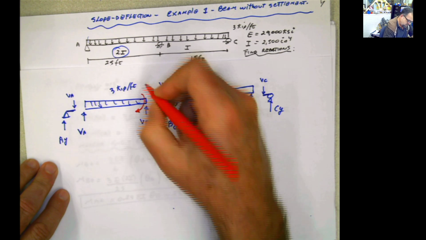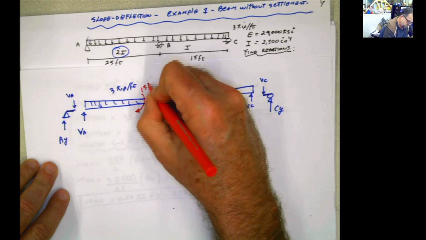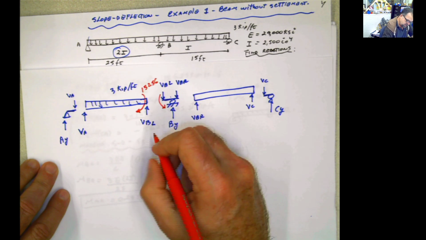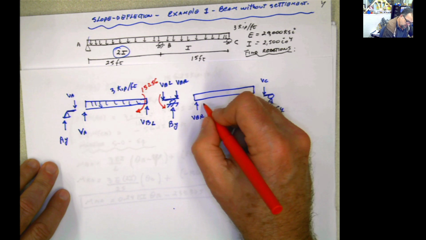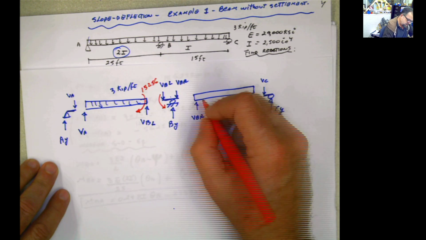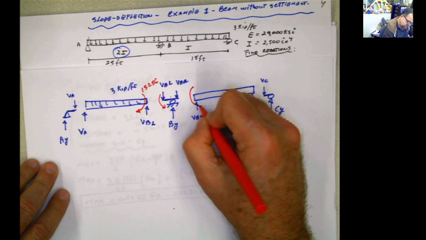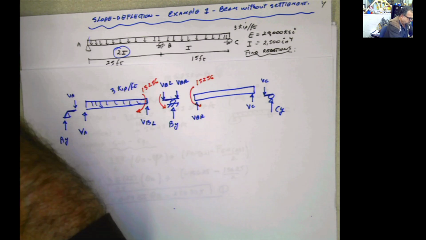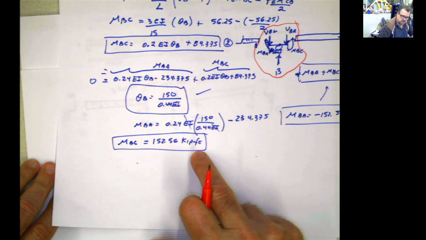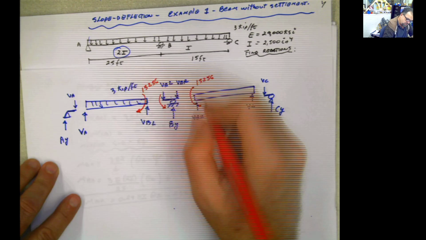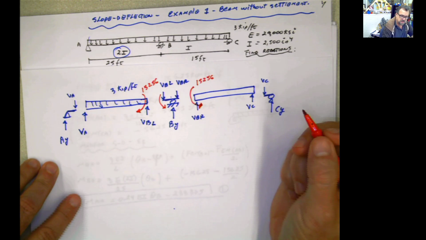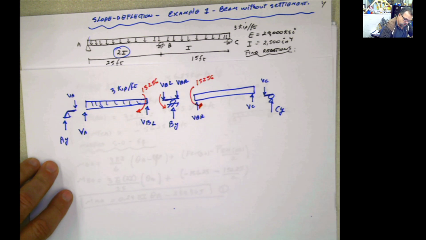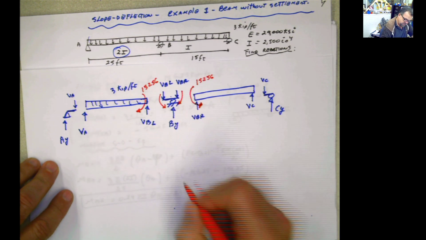This is the moment, 152.56, which in turn is going to be transmitted here, like that. Now, in this case, the moment was 152.56, and it was positive. You don't have to do this analysis every single time. Once again, I'm just doing this to show you how to do that. And that moment will be transmitted here.